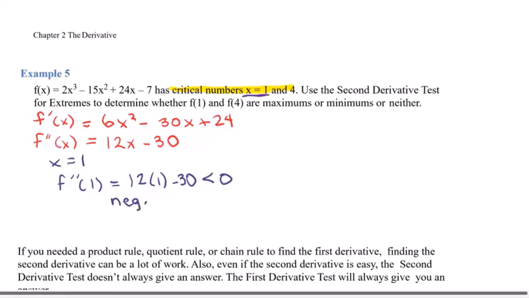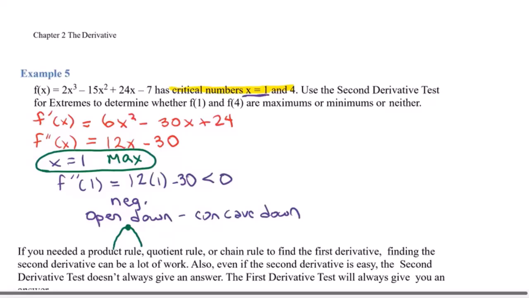Since it's negative, it opens down. Because it opens down, we have concave down. Okay, if it's concave down, let's draw a picture. Well, that's a maximum value. That means x equals 1 is a maximum.